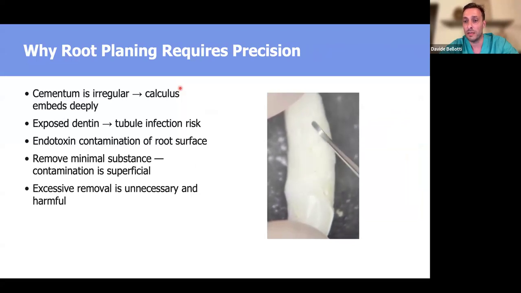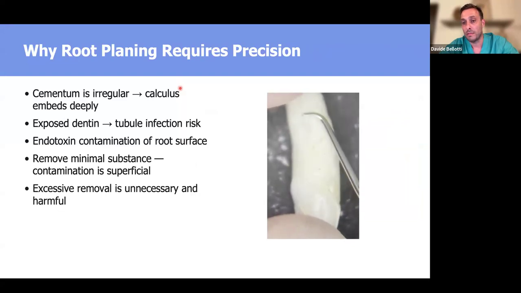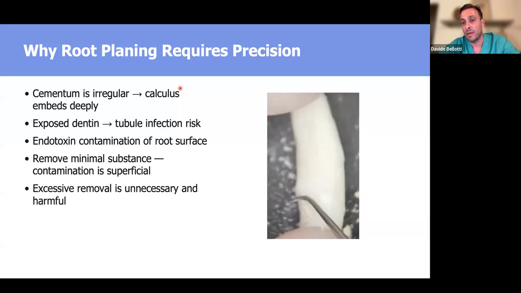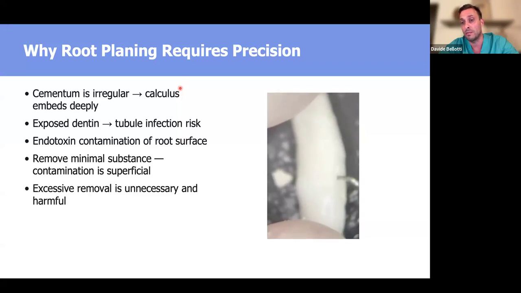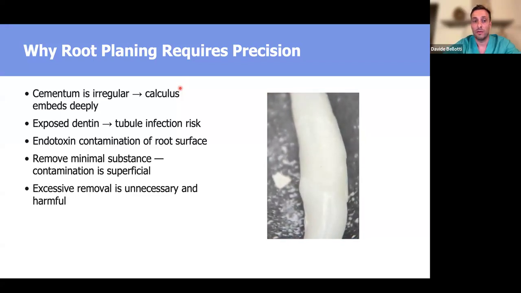This is an extracted tooth. This is a Gracey curette. And you can see and feel and hear that the cementum is not glassy compared to the enamel of the crown that we see in the bottom part of this tooth.